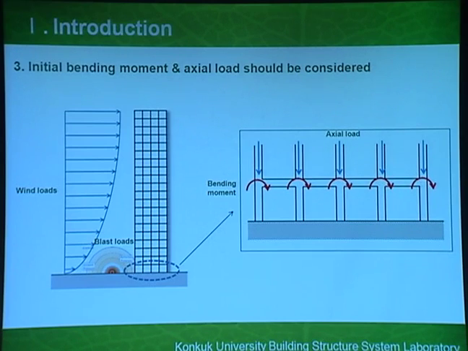Like in this example, the column is subject to significant bending moment due to wind load and gravity load. Even though the possibility of concurrence of wind load and blast load is very low, the corner column, like in this picture, is always subjected to significant bending moment. So we have to consider bending moment as well as axial force as an initial stress condition before blast.